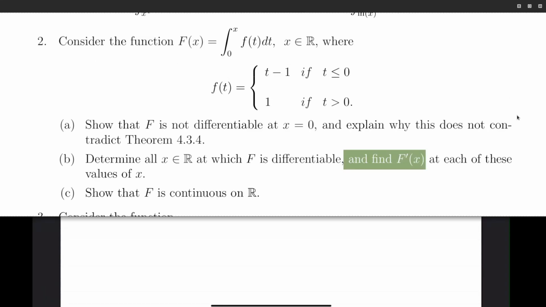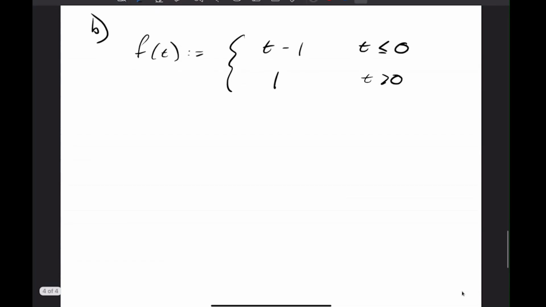That is t minus 1 when t is less than 0 and 1 when t is greater than 0. Okay, so we can actually work out what big F of x is.